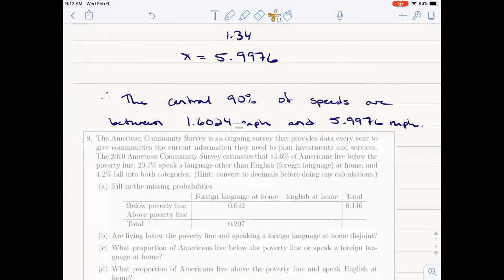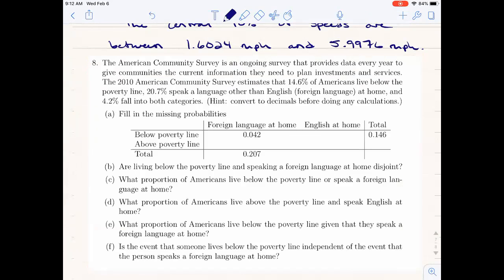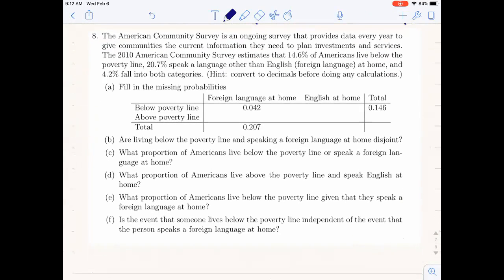I'll post the solutions to all of them, of course, but just so we can go through this one together. Just because 11 is that bonus question, so you'll have the solutions, but if people are deciding to not do it at all, then I don't want to spend time going through it.